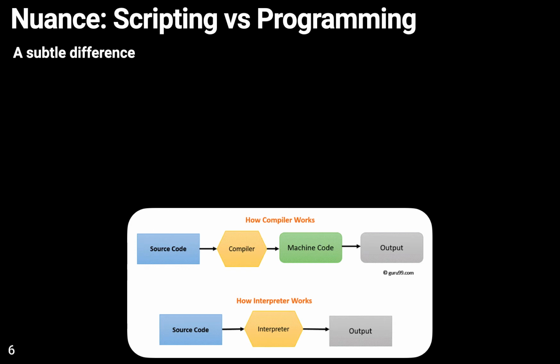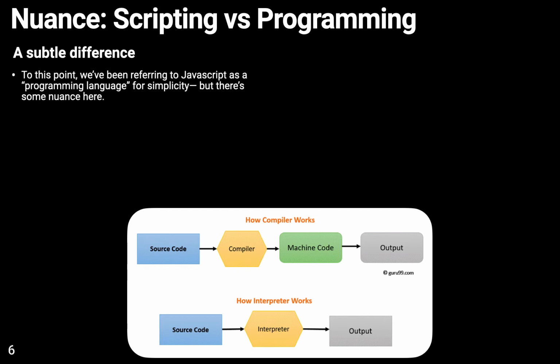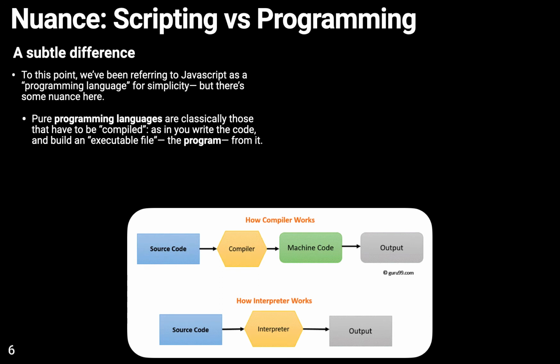Scripting versus programming. It's sort of a subtle difference. So far, I've been always referring to JavaScript as the programming language, right, that we're going to use here. But there's a little bit of nuance. So pure programming languages, classically, are ones that have to be compiled, meaning you write the code, and then you run another program on your code that turns it into the really low-level, tight, executable file, so the program.